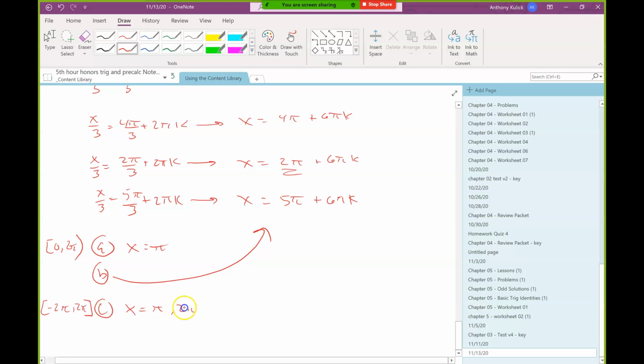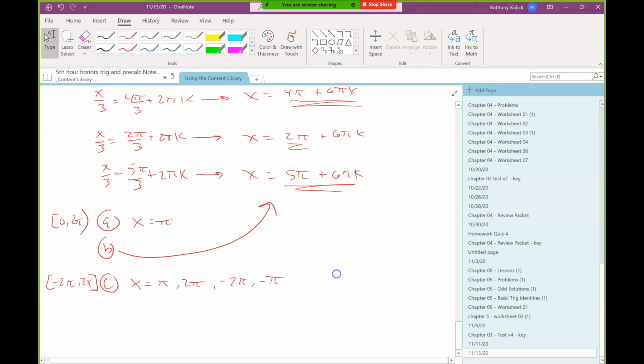So we pick up that extra solution there. And we're going to pick up some of the negative coterminals. So when this one, the k is negative 1, I'll get negative 2 pi. And this one, when k is negative 1, we'll get negative pi. So we pick up those also. Everybody's okay there? Anthony, you still doing okay?